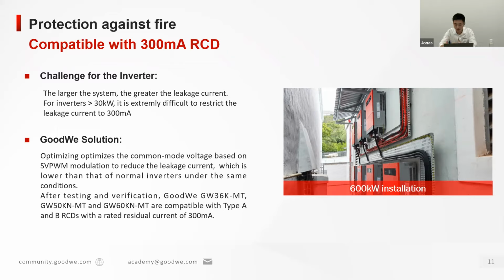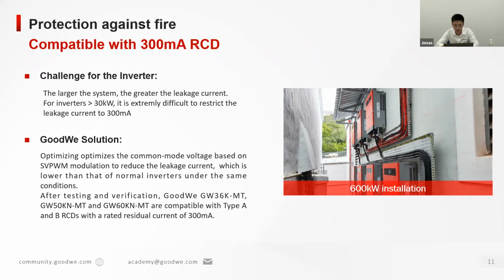Because we find that, for example, in the Netherlands and Germany, there are so many barns and wooden cabins, we realized this problem. Based on this situation, we optimized our SVPWM modulation to reduce the leakage current. That means under the same conditions, with GoodWe inverters, the leakage current of the whole PV system on the AC side will be less than with other normal inverters, which also causes less fire.